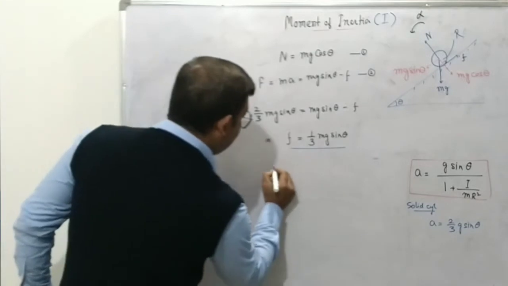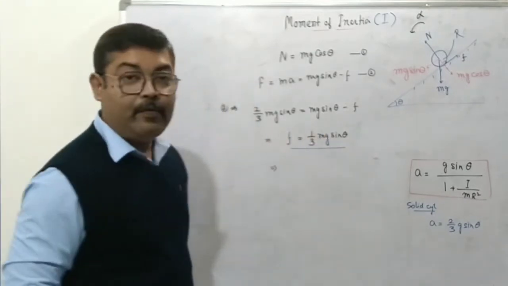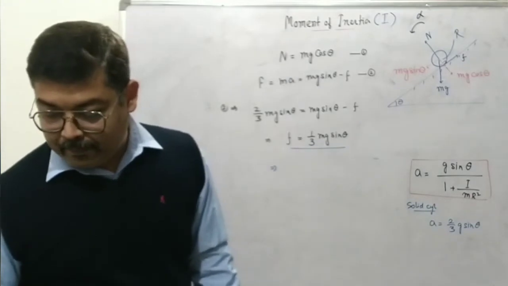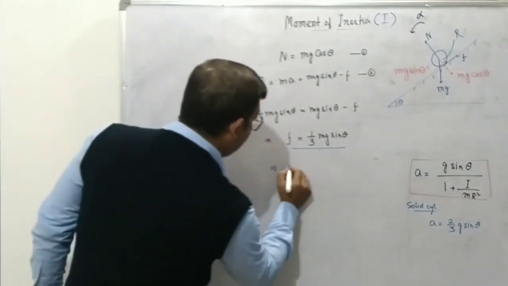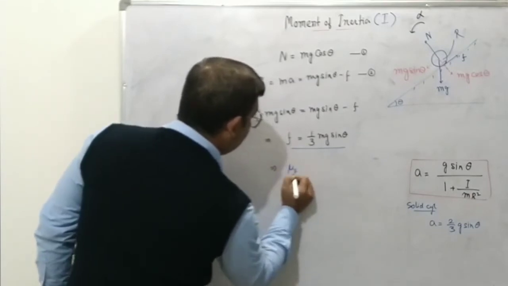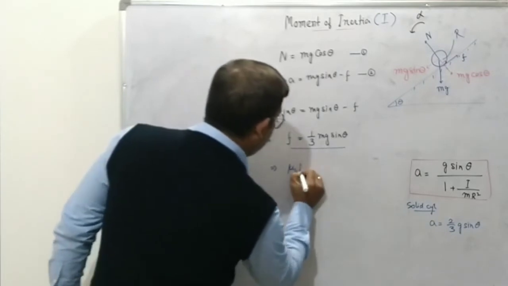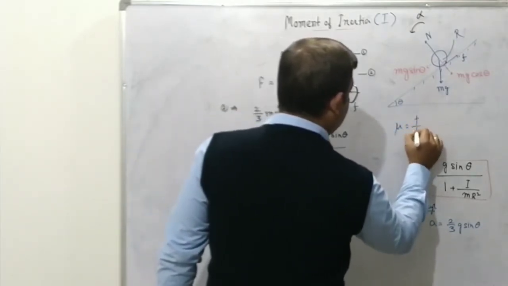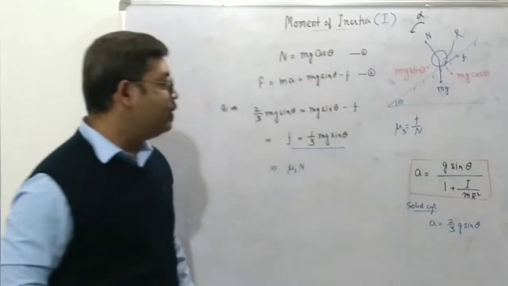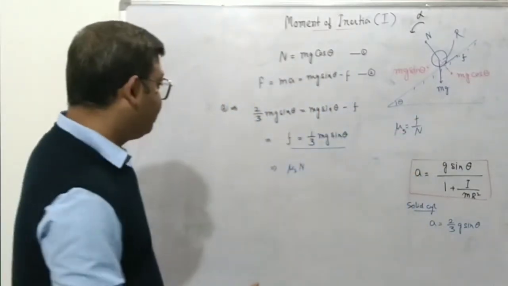Since we know friction is given by mu s into n, since mu equals F by n, coefficient of static friction is force of friction divided by normal reaction.